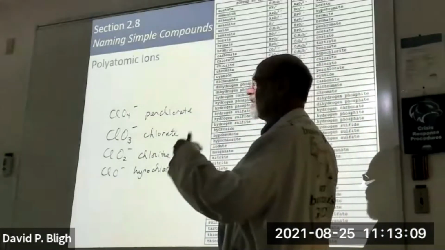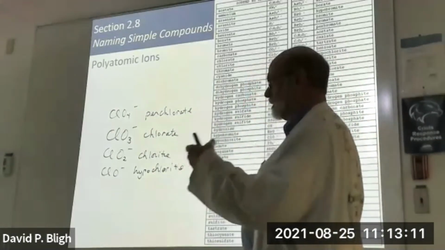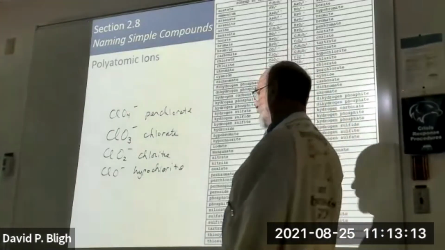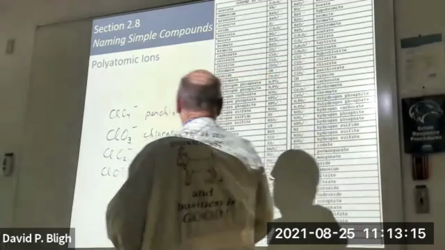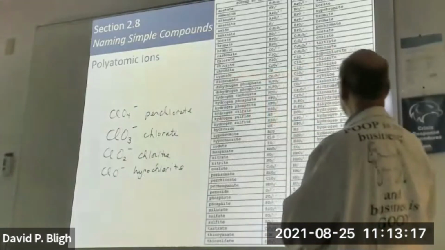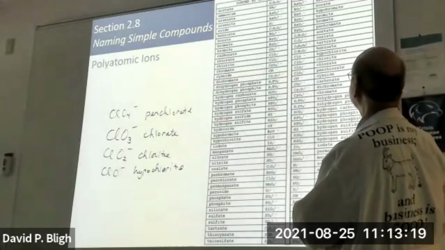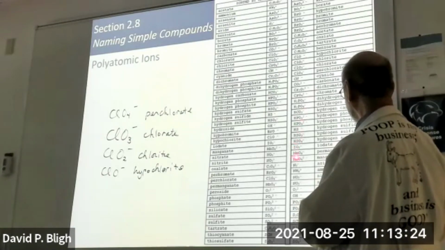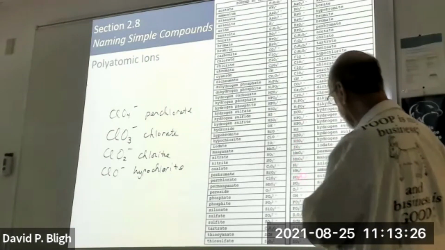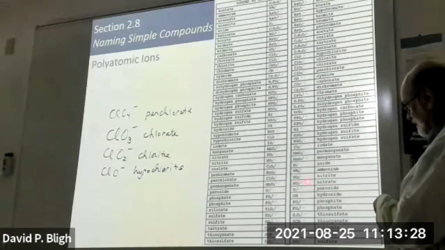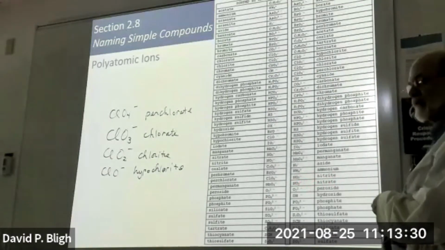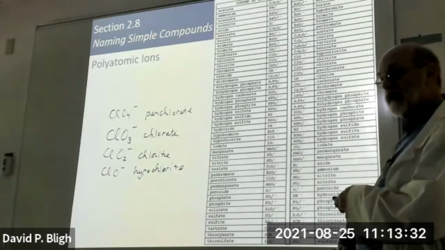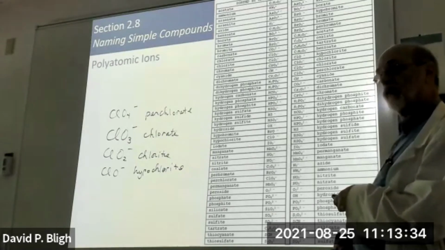It's just chlorine, bromine, and iodine. I hate that way. And there's some others, like nitrite and nitrate, or sulfate and sulfite. Sulfite would be SO3 2- instead of SO4 2-.